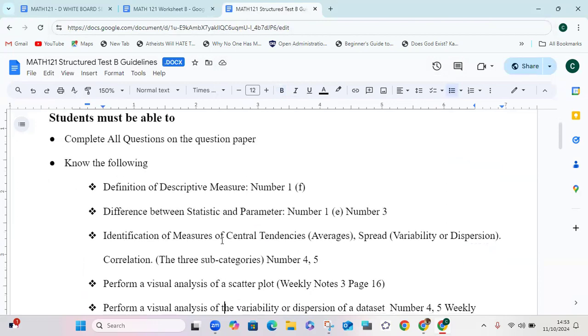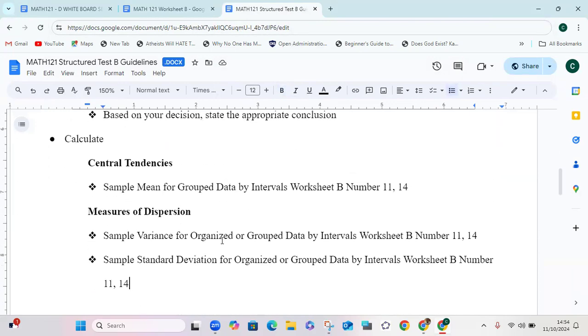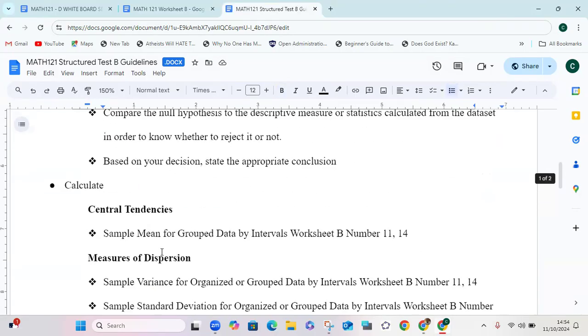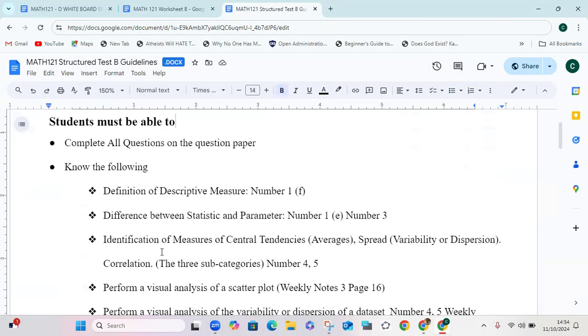You need to know from the definition of descriptive measures to calculating Pearson's product moment. And as you can see in the guideline, there is sufficient information to guide you.